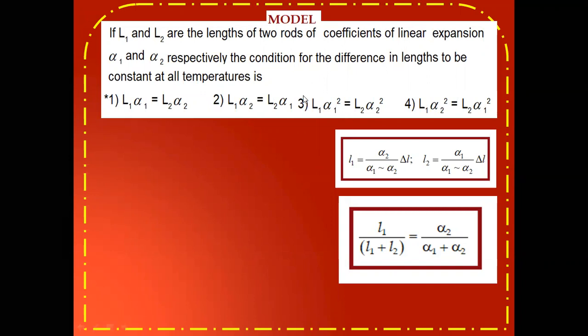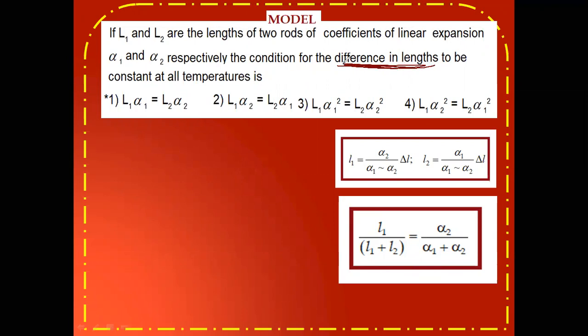In this case, if L1 and L2 are the lengths of the two rods of coefficient of linear expansion alpha 1 and alpha 2 respectively, the condition for the difference in their lengths, that is the question they gave. Here the key point is the difference in their lengths.